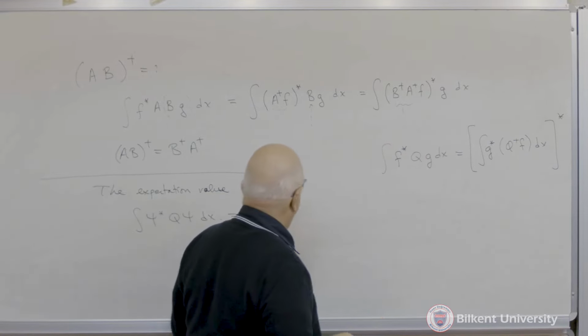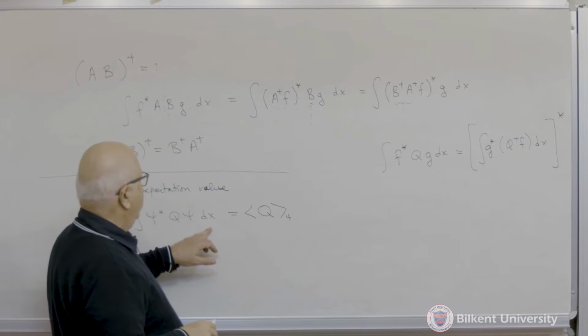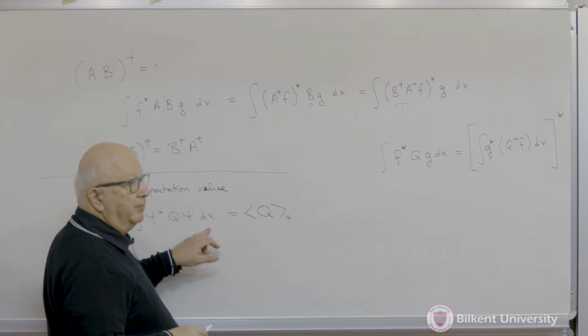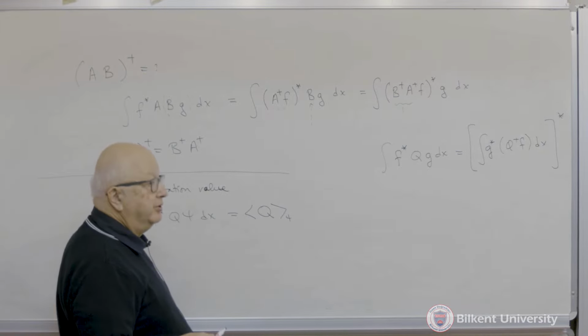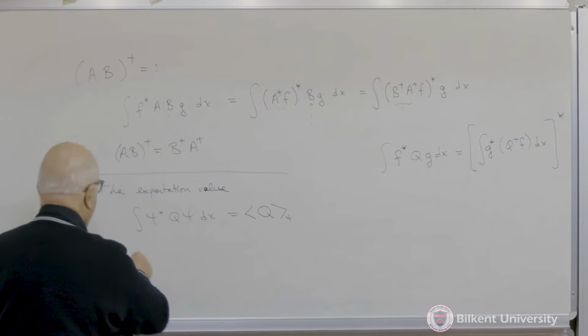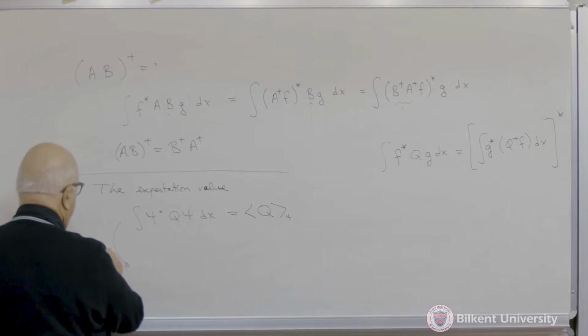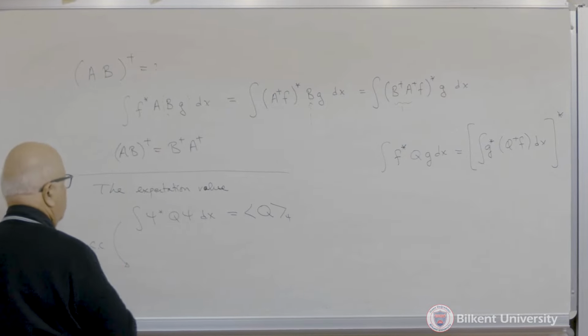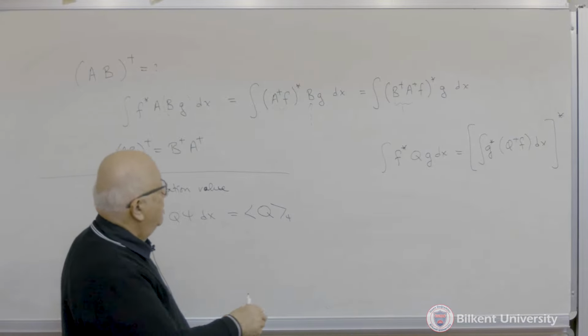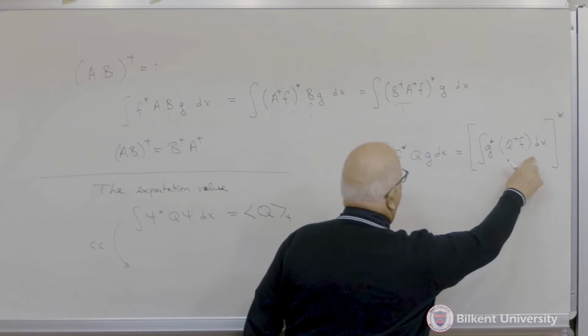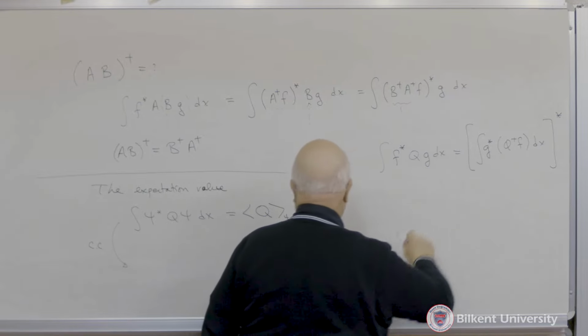So let me do the following. Let me take the complex conjugate of both sides of this equation. I'll write the complex conjugate, but while I am writing it, I'll also use this form, so I'll go from this form to that form.